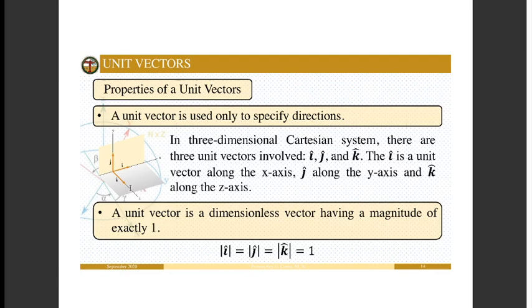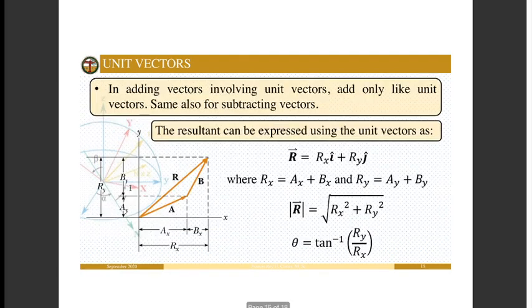Okay? From the word unit kasi siya, so the magnitude of that unit vector is always equal to 1. So meaning the magnitude of i hat, the magnitude of j hat, and the magnitude of k hat is always equal to 1. So ito lang. Ganyan lang. So those are the properties of unit vectors.